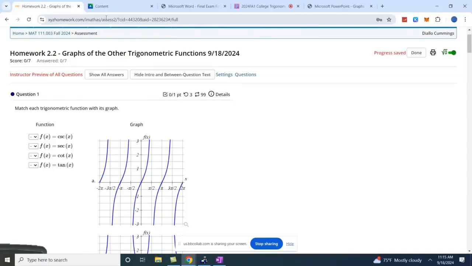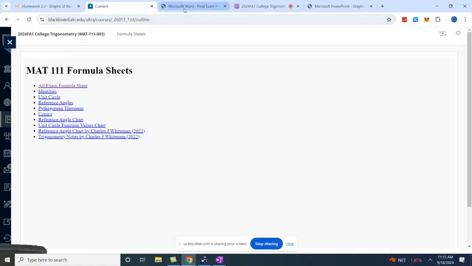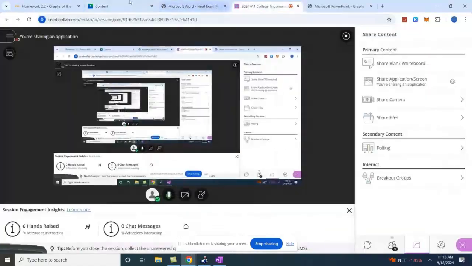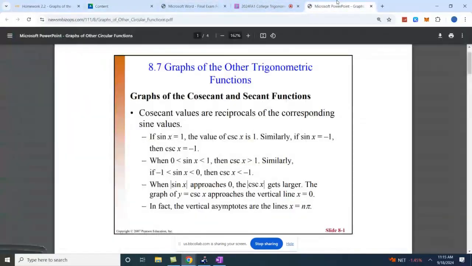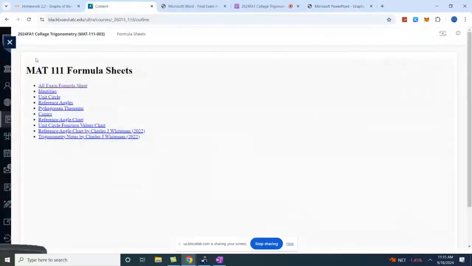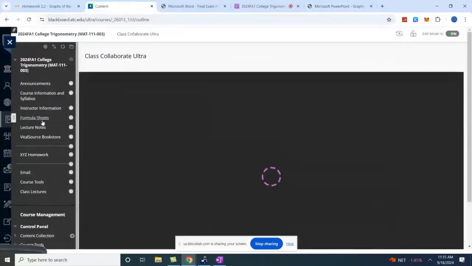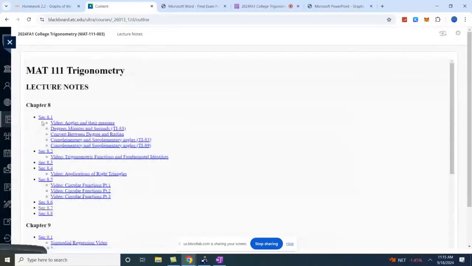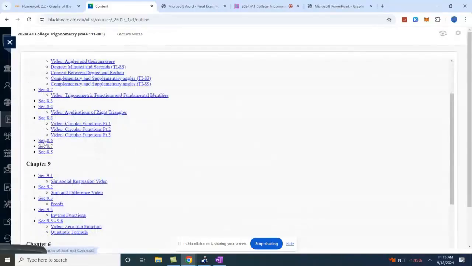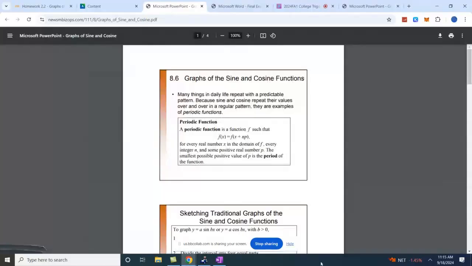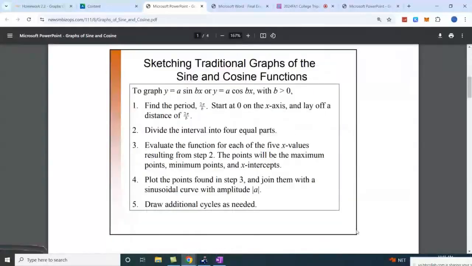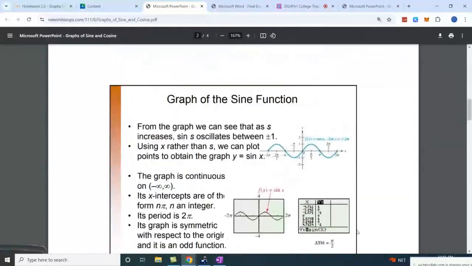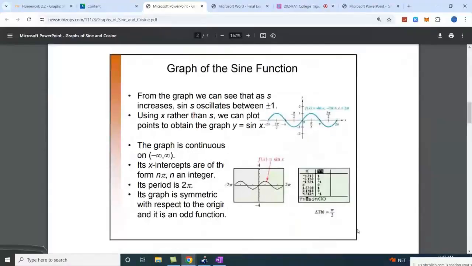Okay, so the last time we met, we had taken a look at the graphs of sine and cosine. I'm going to go back to the lecture notes section, and I believe we were in 8.6. We looked at a couple of model forms for sine.